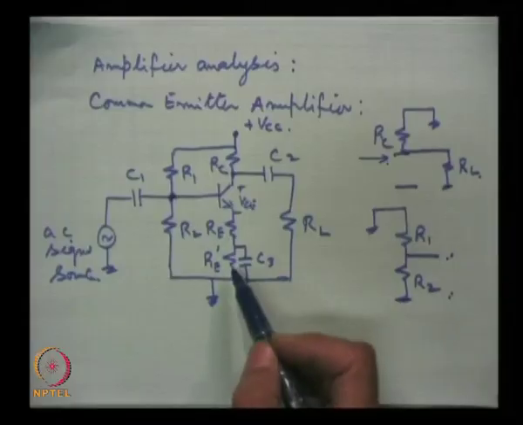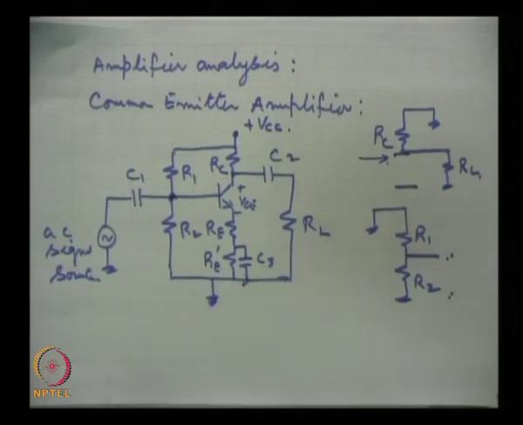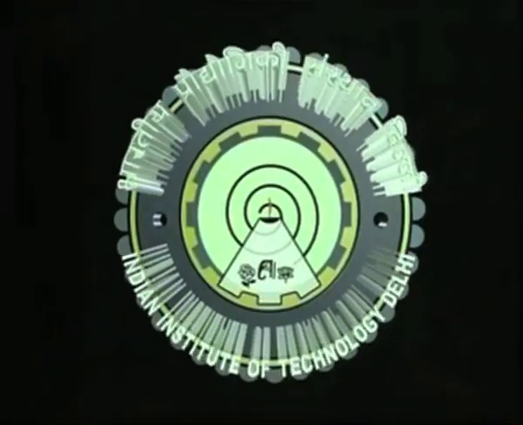As a compromise, we break the resistance Re into two resistances, a small resistance and a little higher resistance, and the higher one is left unbypassed. So, we will continue this analysis further.